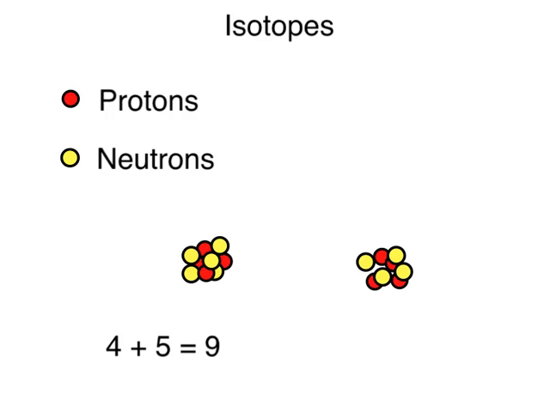So, if we were to work out what the mass of this would be, 4 protons plus 4 neutrons will equal a mass of 8. Now, the atomic number for both of these is 4, so it has to be beryllium. But the atomic mass of this is 9 and the atomic mass of this is 8. Now, what we do is we can take an average of different isotopes to try and work out what the mass of the isotopes will be.